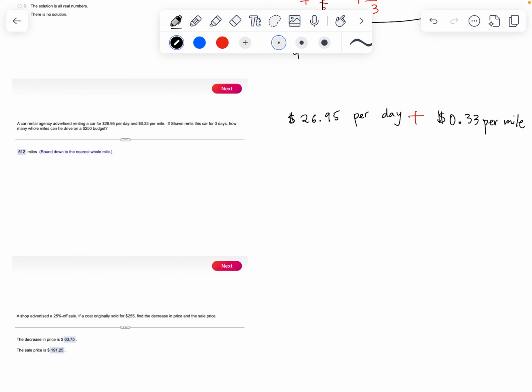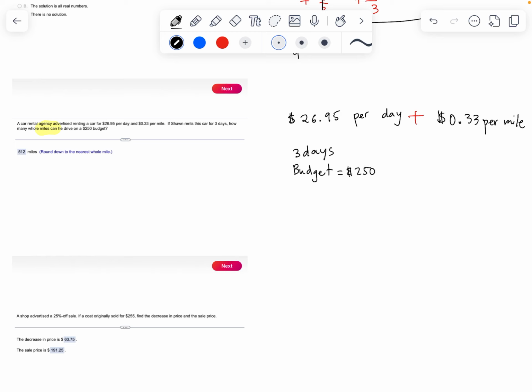Say if Sean rents this car for 3 days, how many whole miles can he drive for a budget of 250?